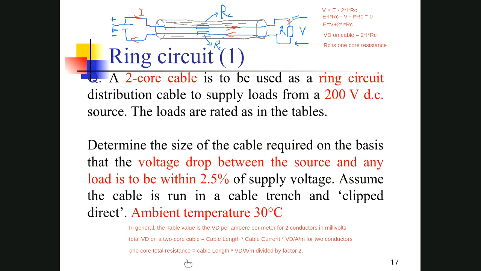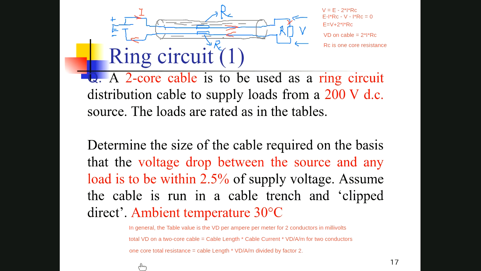That's the logic between the cable's voltage drop per ampere per meter for two conductors and the per core's resistance values. I think I explained clearly the meanings of the cable voltage drops. Hope no students confuse it again.